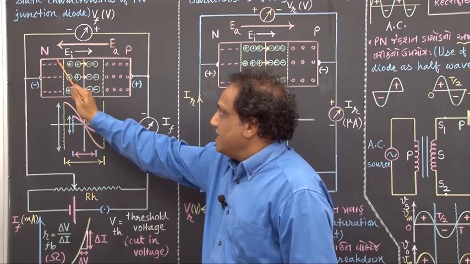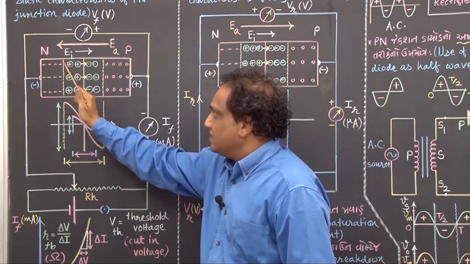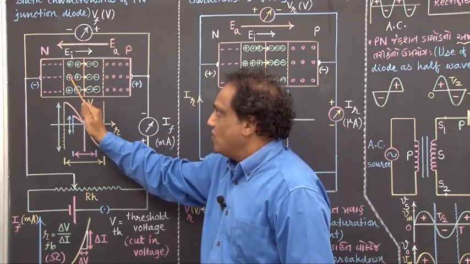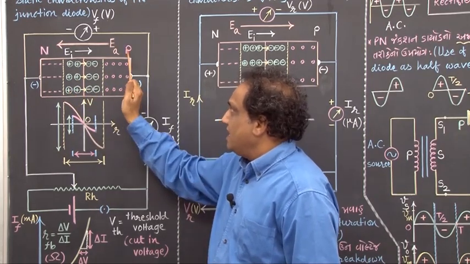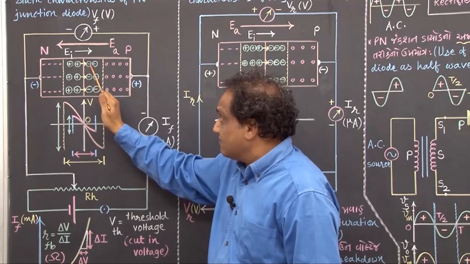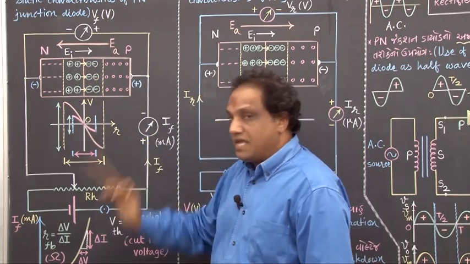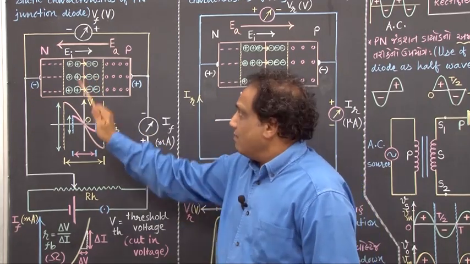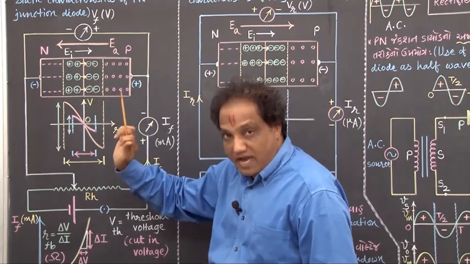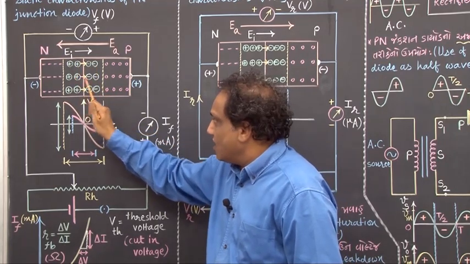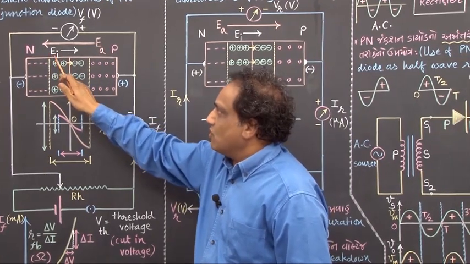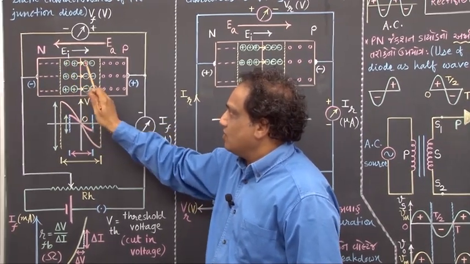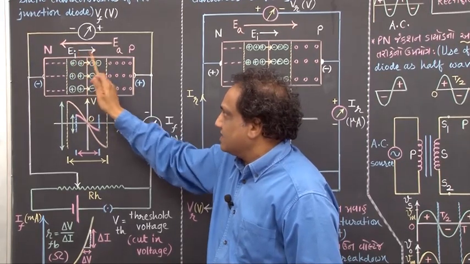Here in the N-type semiconductor, this region near the junction is full of positive ions, and here this part of the P-type semiconductor near the junction is full of negative ions, and there is some electric field between these positive and negative ions. So in this direction we have an electric field inside this depletion layer, shown by the symbol EI, which is from positive to negative, towards the right hand side in this direction.